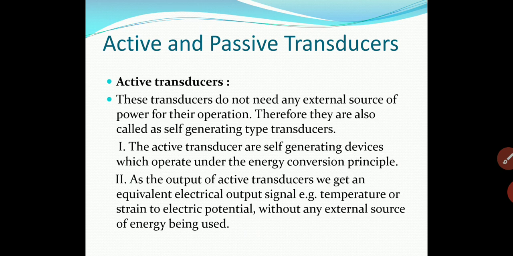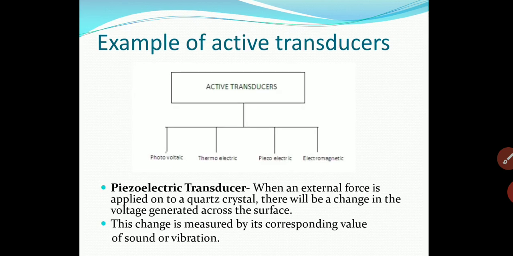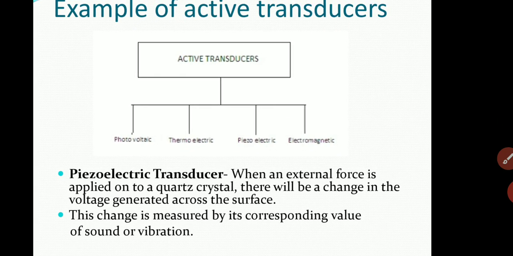As the output of an active transducer, we get an equivalent electrical output signal, for example temperature or strain to electric potential, without any external source of energy being used. So the active transducer is a self-generating type of transducer that doesn't require any external source of supply for its working. The examples of active transducers are photovoltaic, thermoelectric, piezoelectric, electromagnetic.